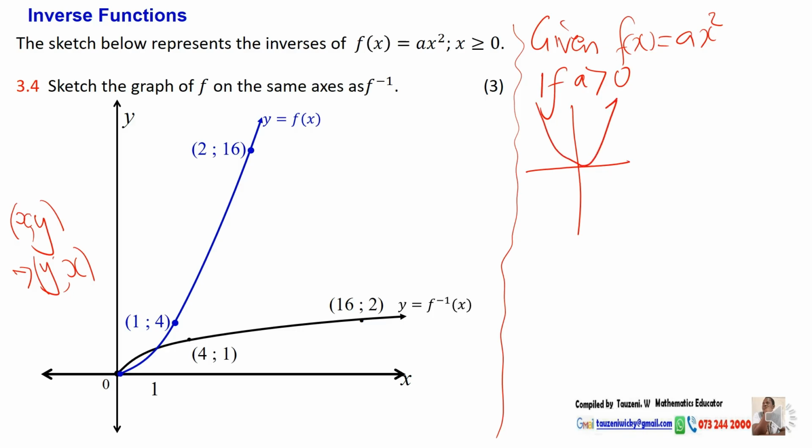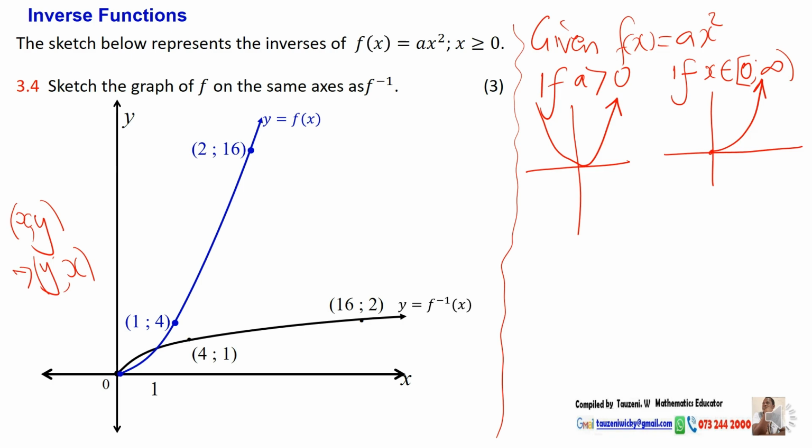That is how my graph looks like. Then if the domain is limited, that means if x is an element of, let's say, 0 to positive infinity, then when you draw the graph, it's going to be only half of the parabola on the positive side.